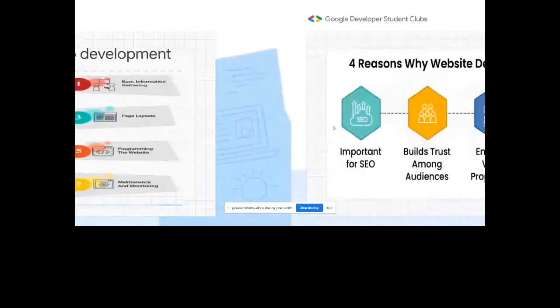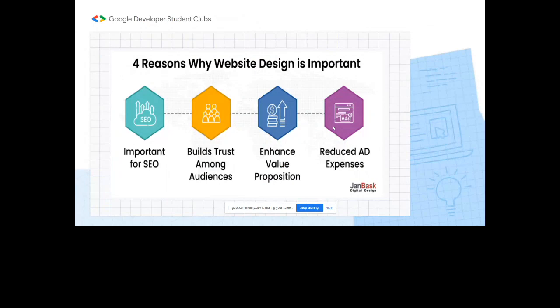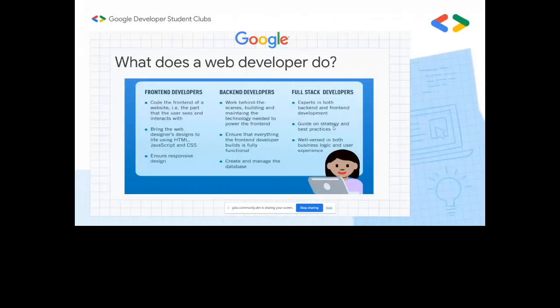Later we discussed the reasons for having a good website. These are the 4 major reasons to have a good design for our website. And later we discussed 3 kinds of developers involved in the field of web development.